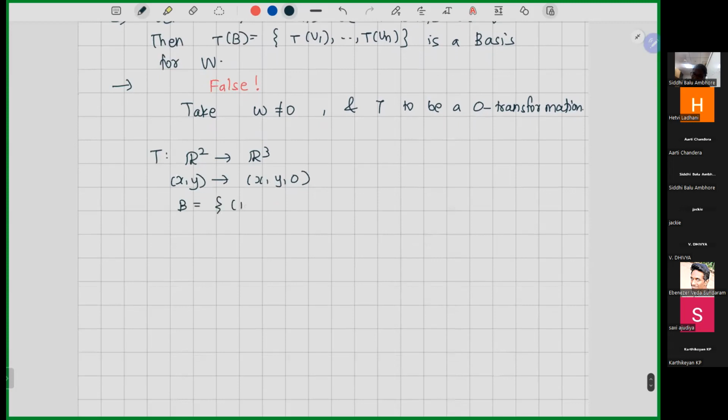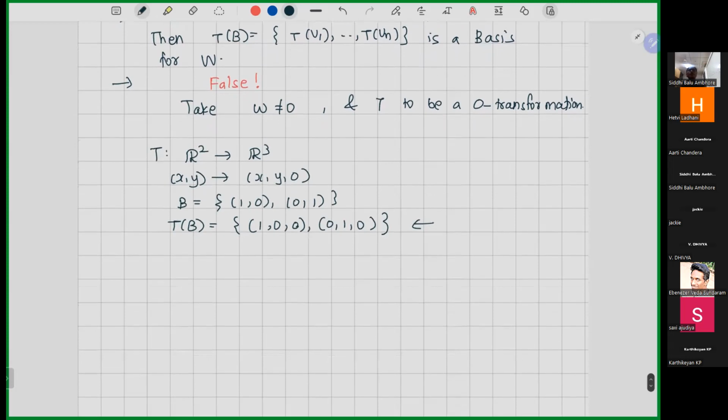If I take the standard basis B of R2, then T(B) will be (1, 0, 0), (0, 1, 0). Now, is this a basis of R3? Any guesses? This is not a basis of R3.